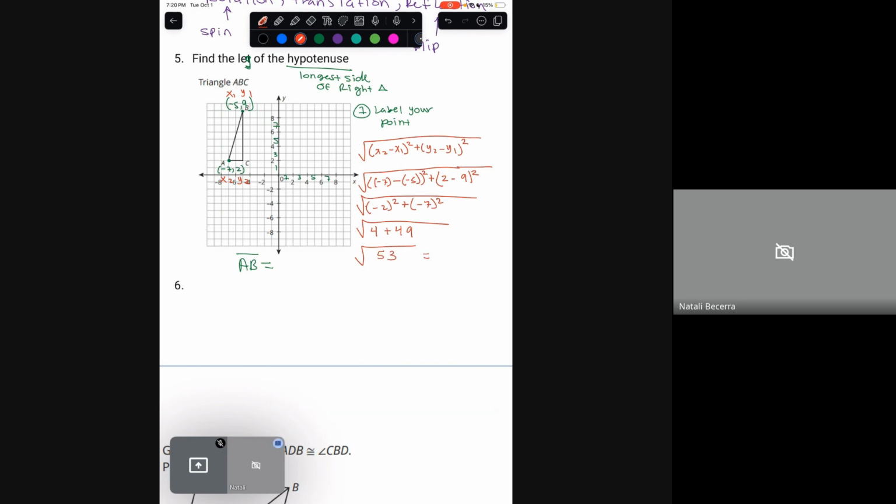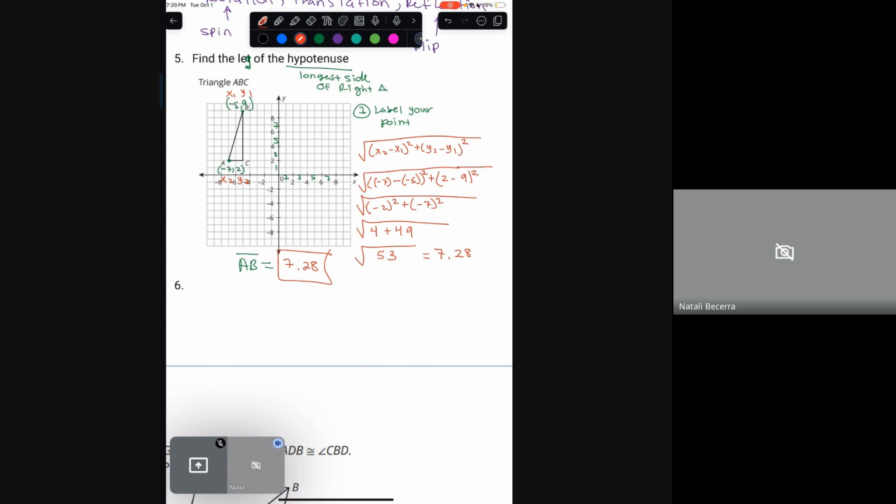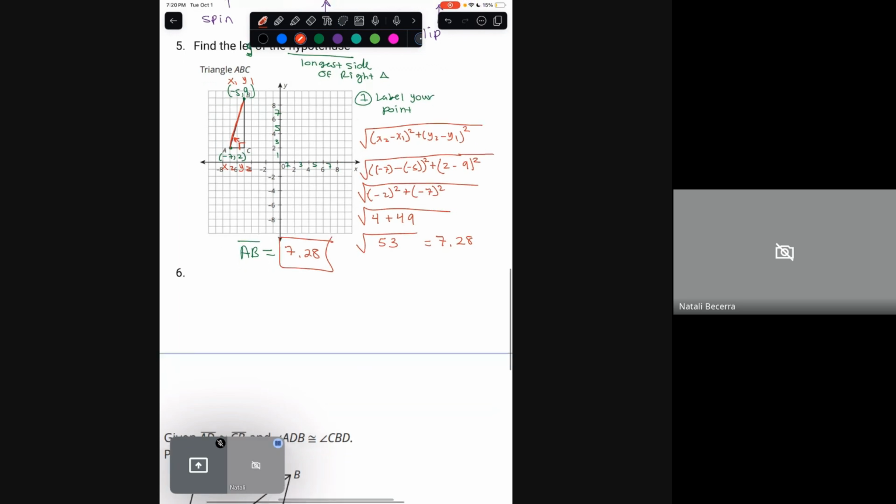And the square root of 53, type it into the calculator. You get 7.28. So there you go. 7.28 is my answer because that's the hypotenuse. This is my hypotenuse. That's the longest leg. Okay, and the hypotenuse is also across from that right angle. Right? You could have also done the Pythagorean theorem.